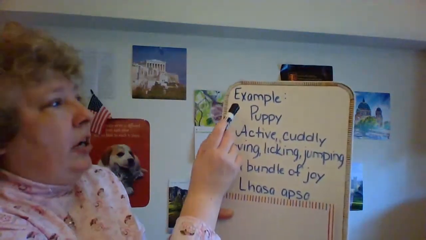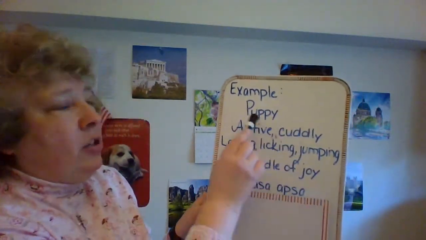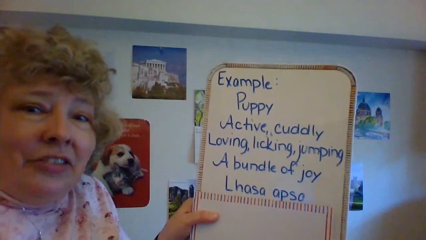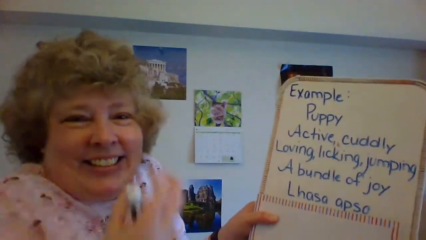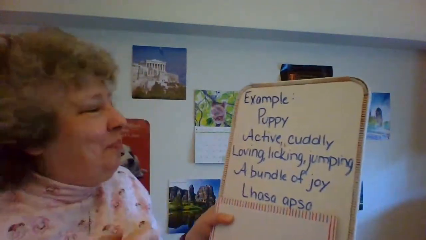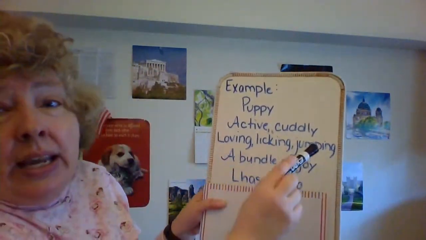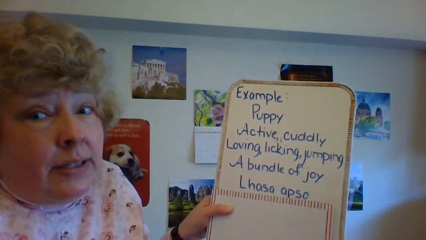Okay. Here's my noun. Puppy. 2 adjectives describing puppy. Active, cuddly. Cuddly being really, oh, so darling. You just can't stop playing around with it. It's so cute. Ooh, and so furry. Oh, okay. 3 ing verbs.